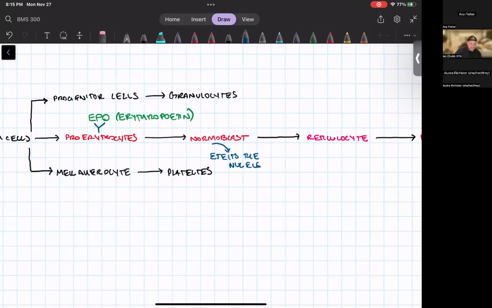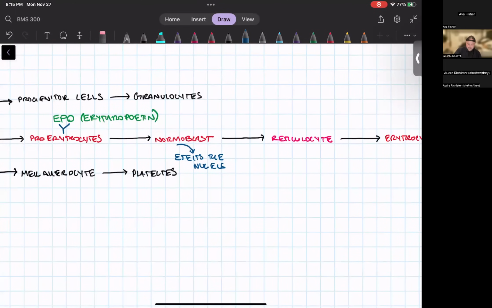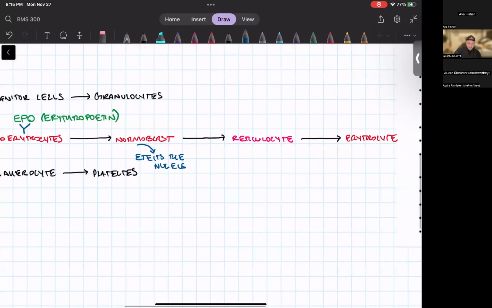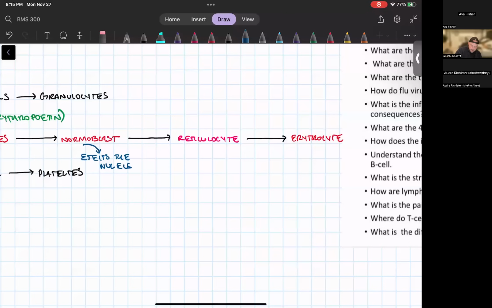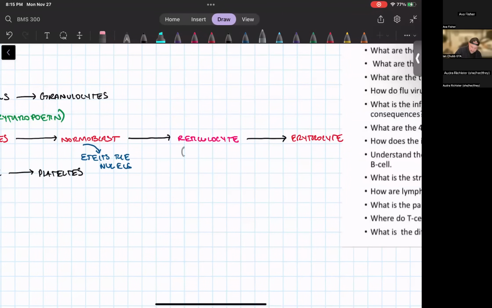Because remember, erythrocytes are not true cells. So we're going to get rid of the nucleus and other organelles. And really the reticulocyte houses just some ER. I like to just say chunks of ER. So chunks of that endoplasmic reticulum remain within the reticulocyte.